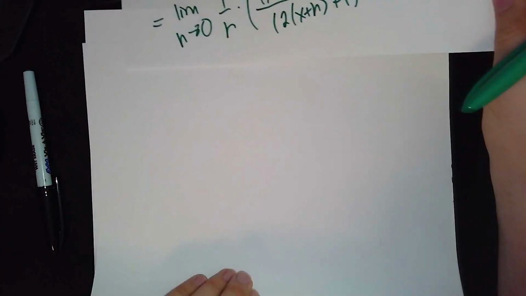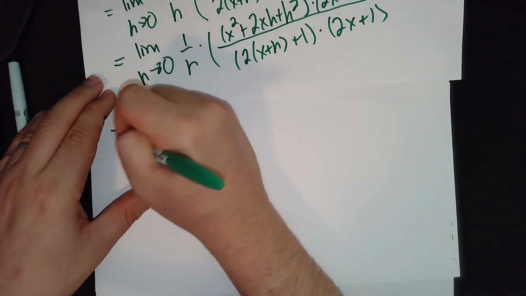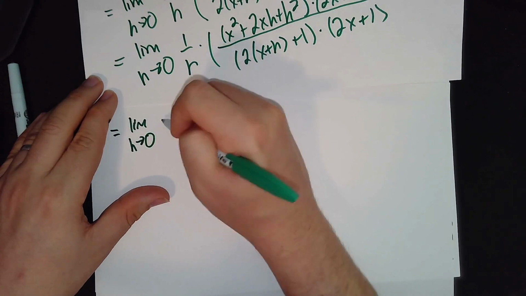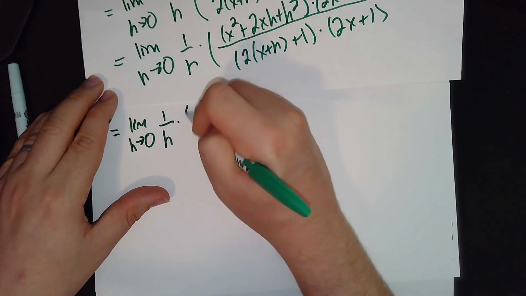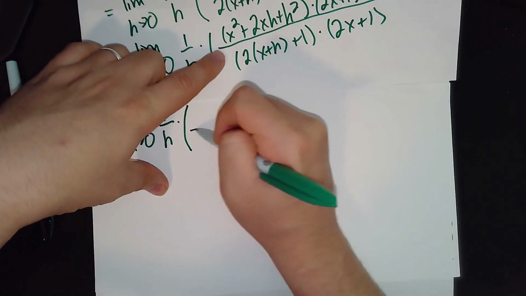Okay, I will continue this onto the next sheet of paper from there. So this is the limit as h goes to 0 of 1 over h times, okay, so I have to write out this first piece.